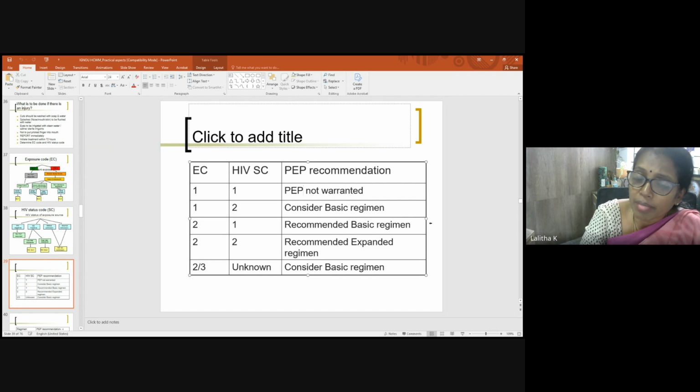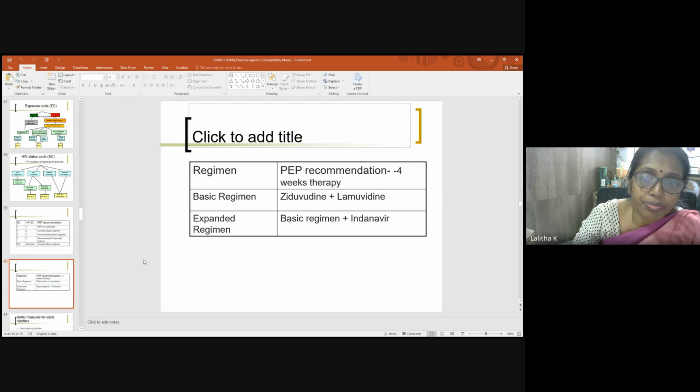There are two regimens which they will recommend based on that. So we always suggest don't worry about the regimen. Report to the nodal officer, who will take a decision based on the assessment of individual cases and decide whether PEP has to be given or not.